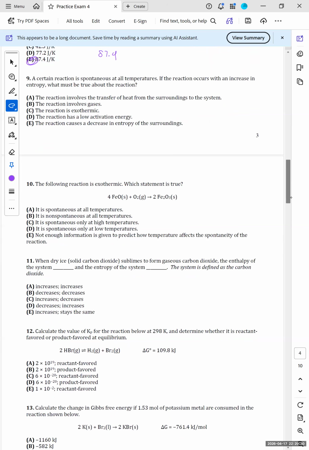Okay, so we're spontaneous at all temperatures. The reaction occurs with an increase in entropy. What must be true about this reaction? Okay, so spontaneous at all temperatures means that our delta G must always be negative.